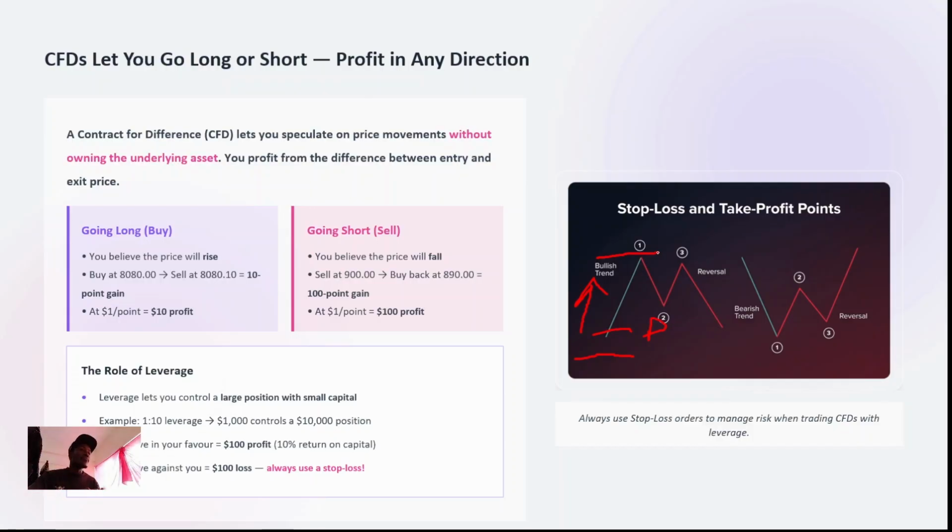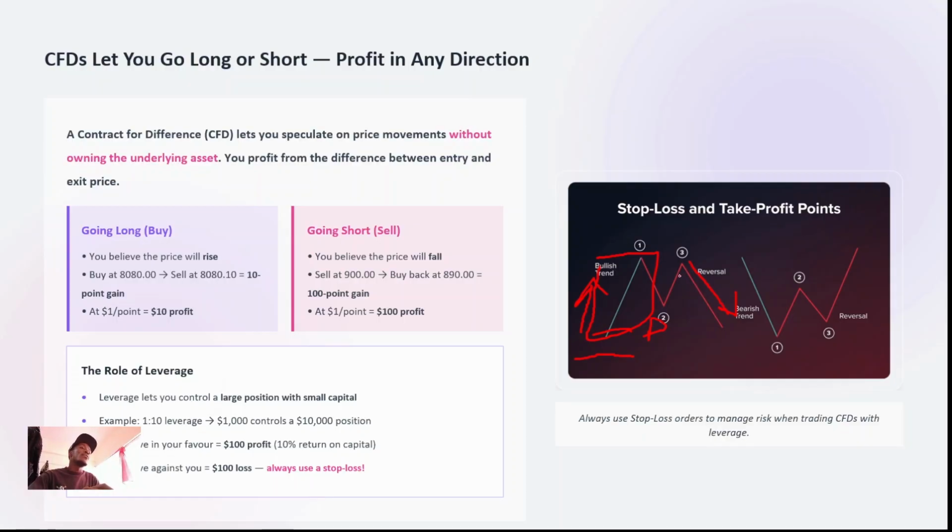Let's say the price is moving to the upside. As the price is moving up, you are going to profit from the market because you bought from the market. A similar case happens when you are selling. Let's say this market is going down. As you can see from this point, the market is trending downwards, right?